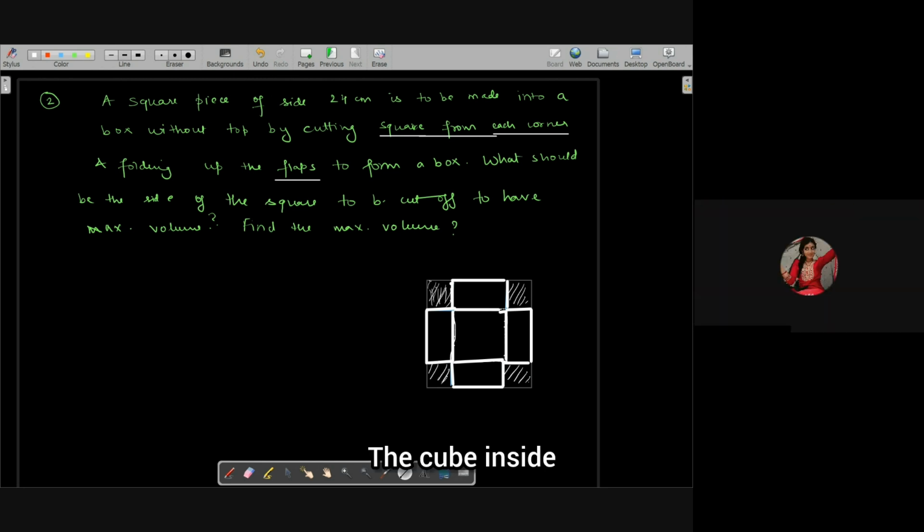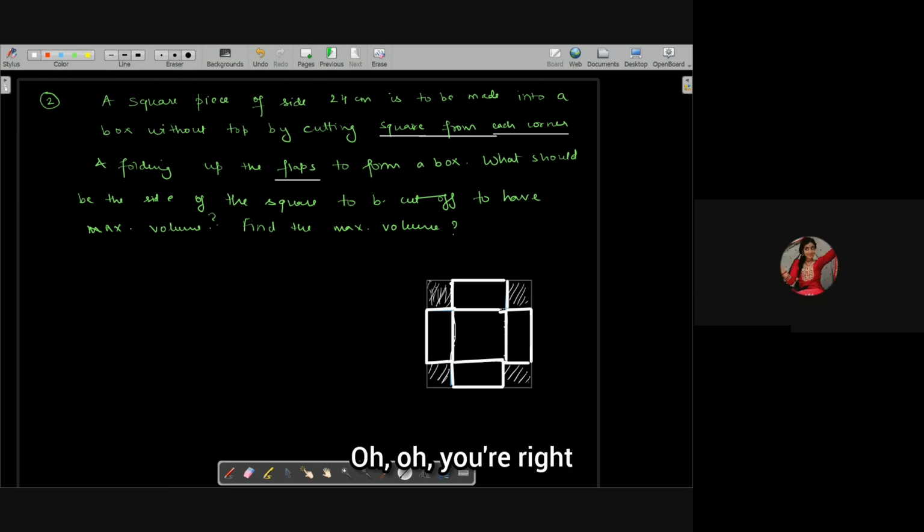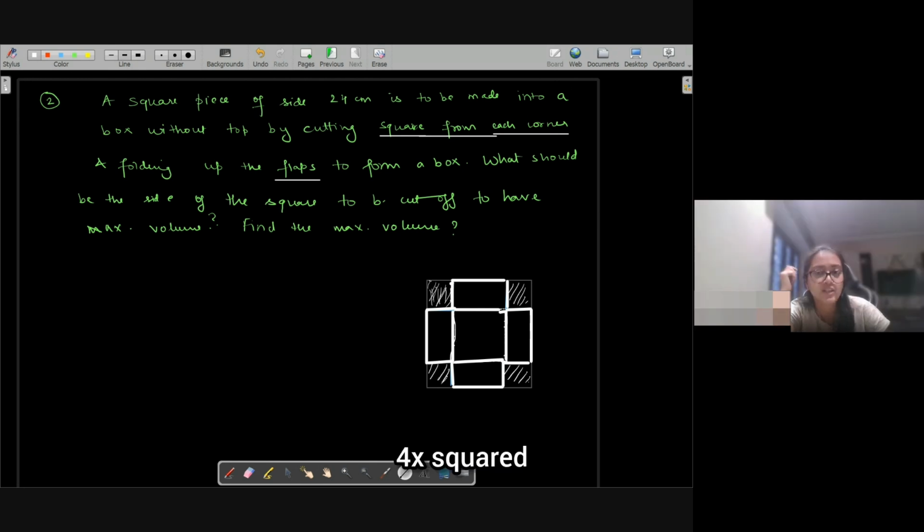The cube inside that. But we won't get any cube, the top is off. You're right. So it would be 4x squared for the area of the squares that are cut off.